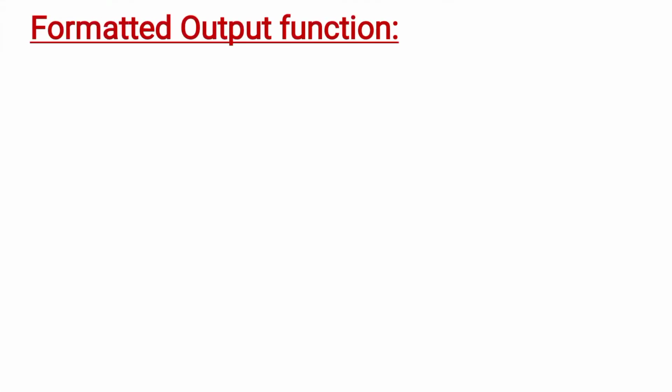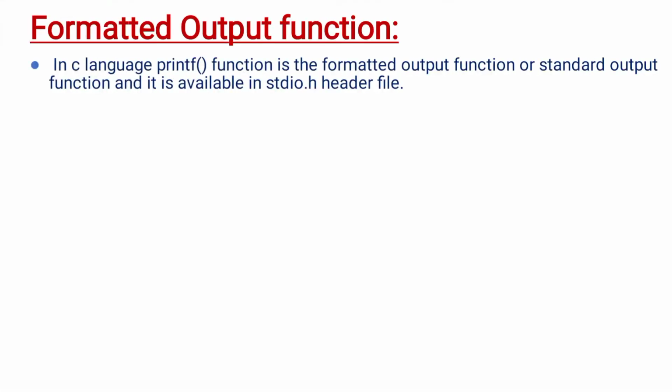Next we will see the formatted output function. In C language, the printf function is the formatted output function, or standard output function, and it is a predefined function available in the stdio.h header file.